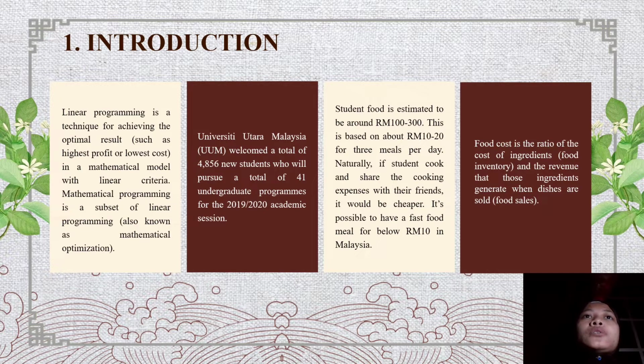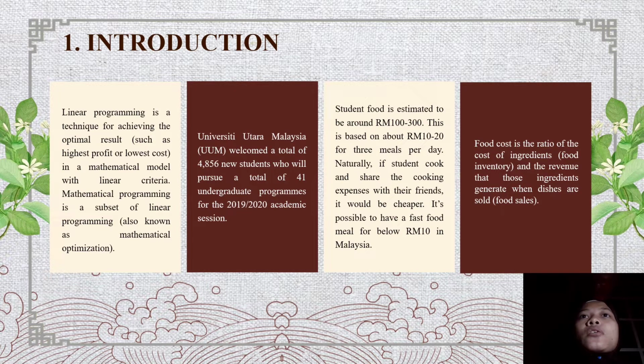Universiti Utara Malaysia, UUM, welcomed a total of 4,856 new students who will take a total of 41 undergraduate programs for the 2019-2020 academic session. Student food is estimated to cost around 100 to 300 ringgit Malaysia.